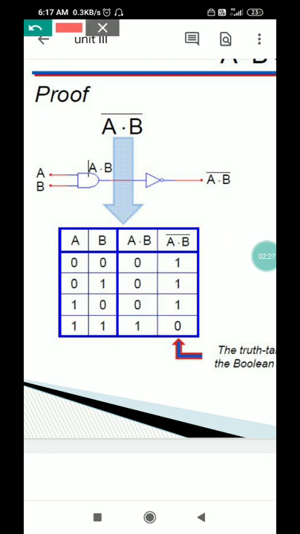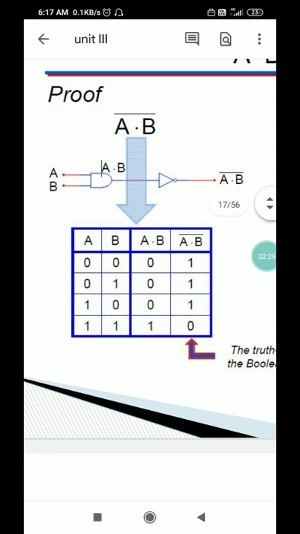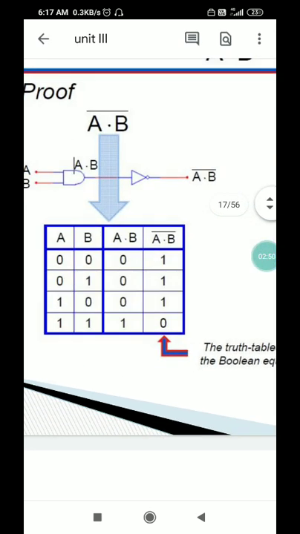So 0 becomes 1 in the first row, then 0 becomes 1 in the second row, 0 becomes 1 in the third row, and 1 becomes 0 in the fourth row. So this is how we get the fourth column. So (a dot b) whole bar is found with the help of this truth table.